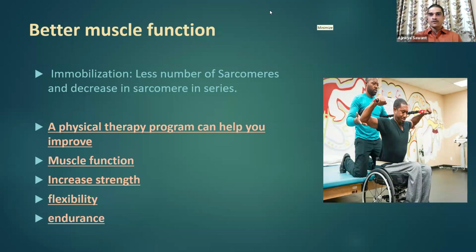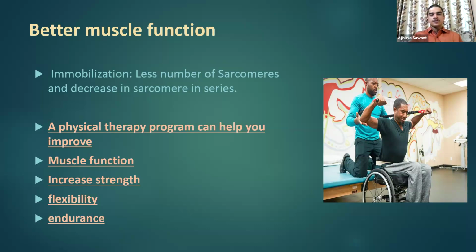Muscle contracture, muscle atrophy, correct? Reduced contractile ability, tightness, atrophy, stiffness, muscle wasting, absolutely right.